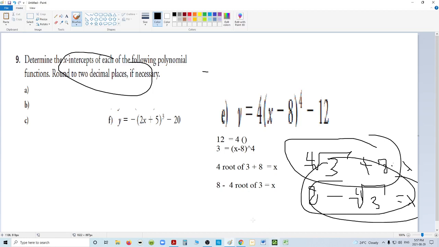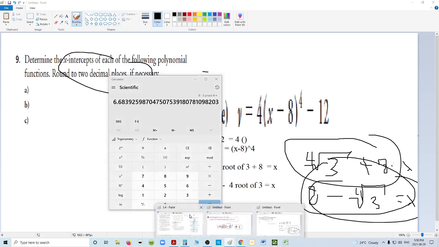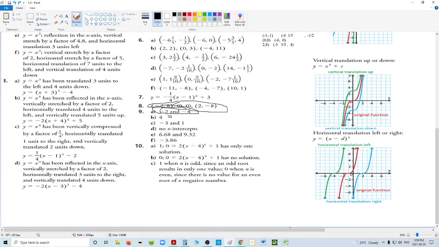We'll do the second one, 8 minus the 4th root of 3, and I get 6.68. So I'll just check one of these answers to make sure it's right. And yes, there it is, 6.68. So obviously when I add the 4th root, I'm going to get 9.32, which is the same distance on either side of 8, just adding the 4th root of 3 and subtracting the 4th root of 3.